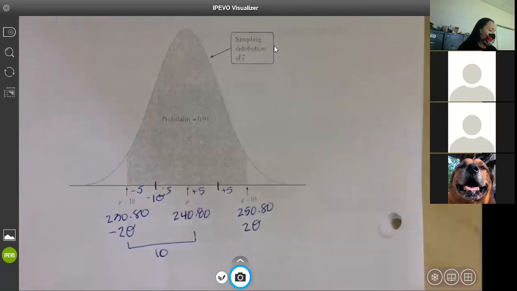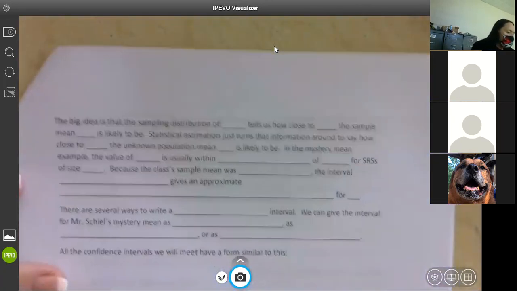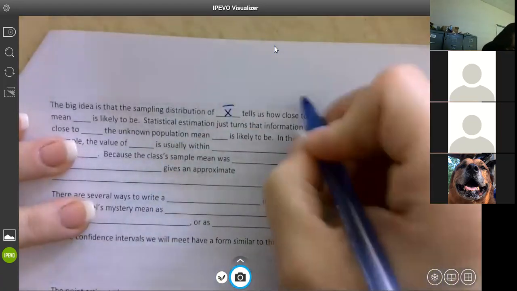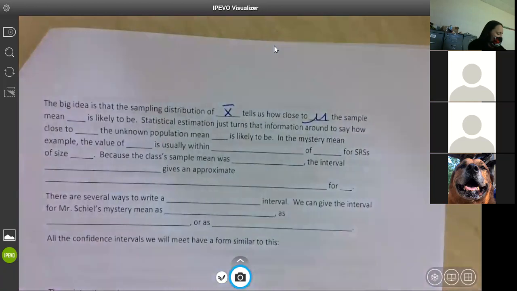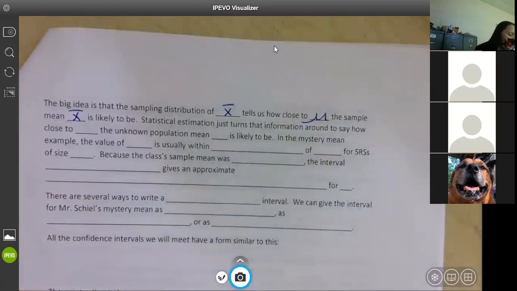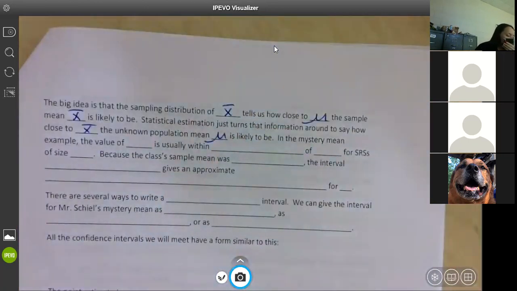All right, so we're gonna flip it. So it's not always going to be 10, right? No. It's based on the standard deviation, yes. And again, they're really easy to find once you get that data. The big idea is that the sampling distribution of X bar tells us how close to mu this sample mean X bar is likely to be. Statistical estimation just turns that information around to say how close to X bar the unknown population mean mu is likely to be.